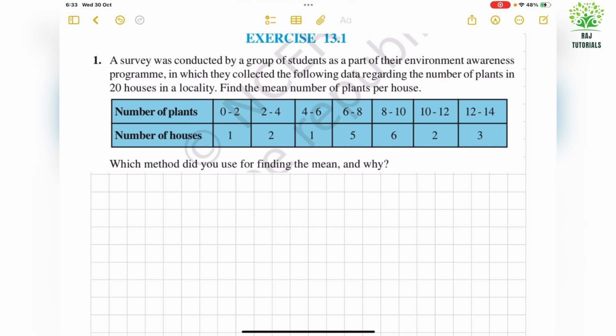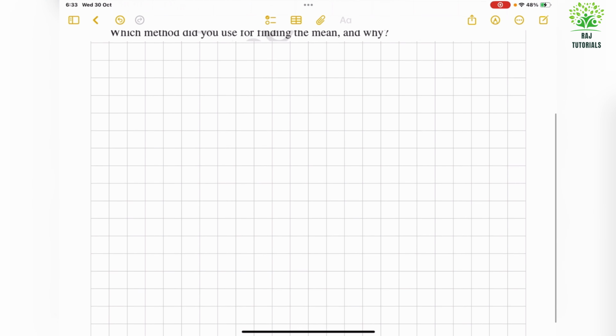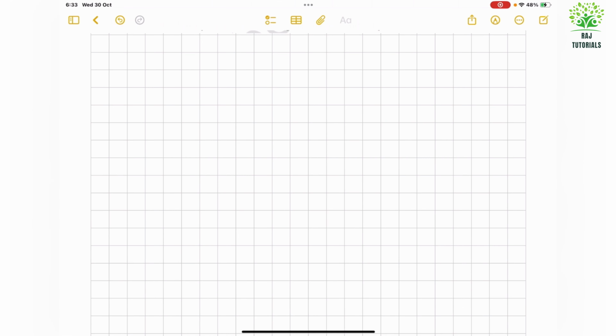So, now to do that sum, first of all I will need to make the table. So let us make the table. So class interval, then f. These two things are given to me. So 0 to 2, 2 to 4, 4 to 6, 6 to 8, 8 to 10, 10 to 12, and 12 to 14 plants are there.